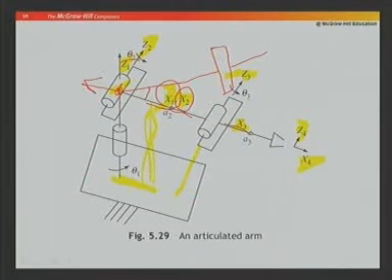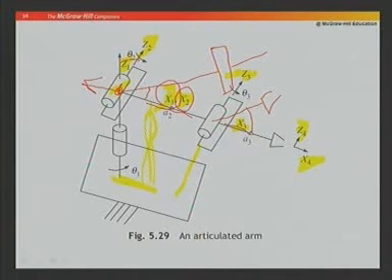Now, theta 2 is the angle between x2 and x3. Note that this x3 will sometimes move in these directions. So, then this angle would mean theta 2. So, that is a joint variable kept as theta 2.